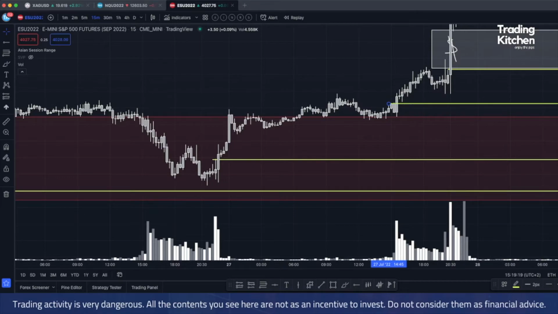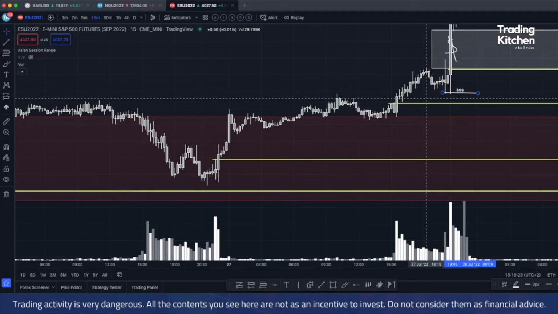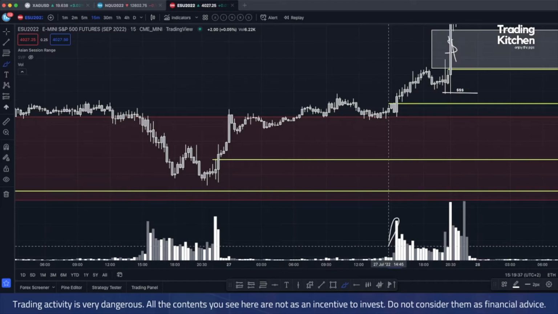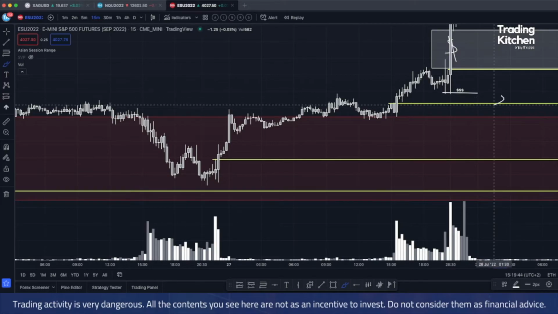Why? Because we have a double bottom here. It means that there is liquidity. Okay, and the inefficiency starts there with this very strong impulse volume here. So what does it mean? Here there is a lot of liquidity to grab. Okay, sorry for my drawings, guys.